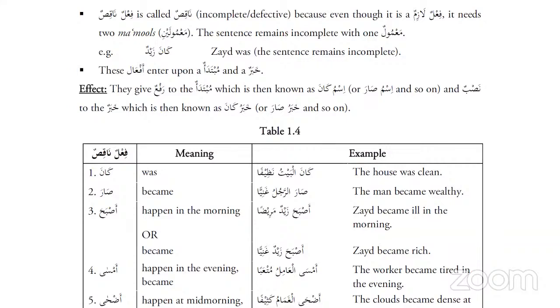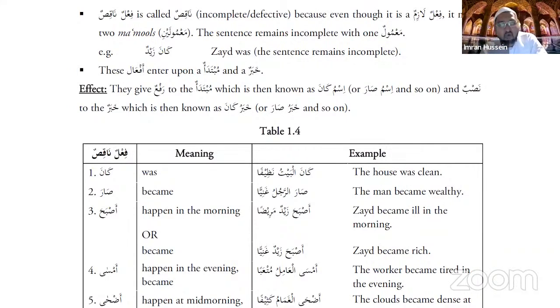Because of being the khabar for the mubtada, it gets a dhamma tanween. So the mubtada and khabar are two components of a sentence. Is that clear?